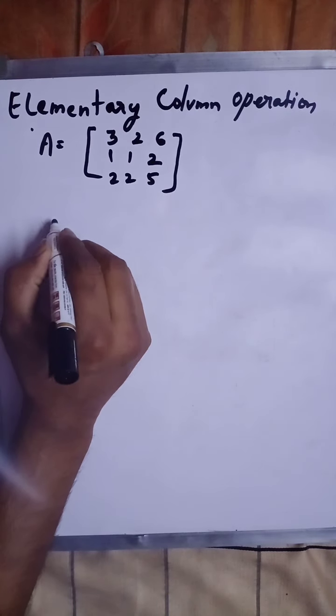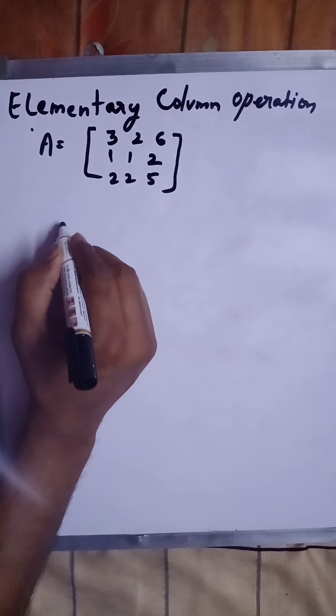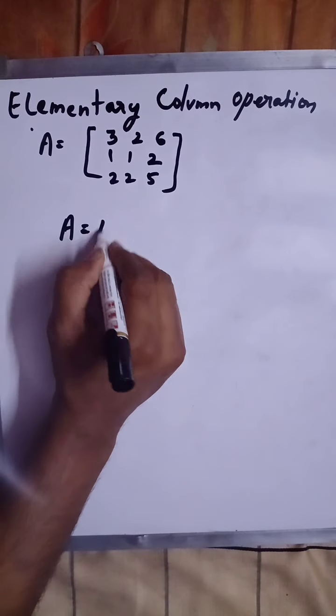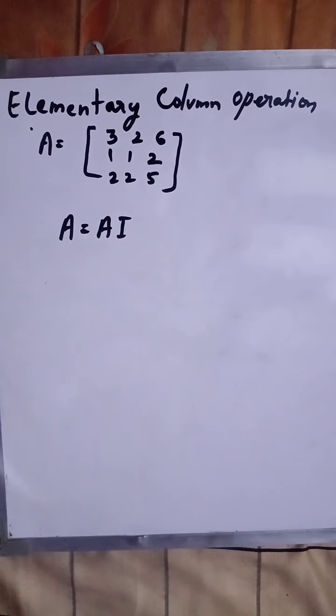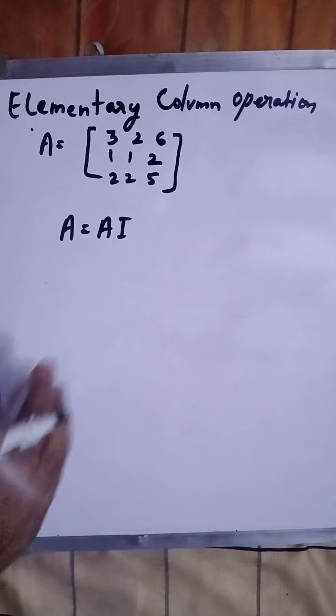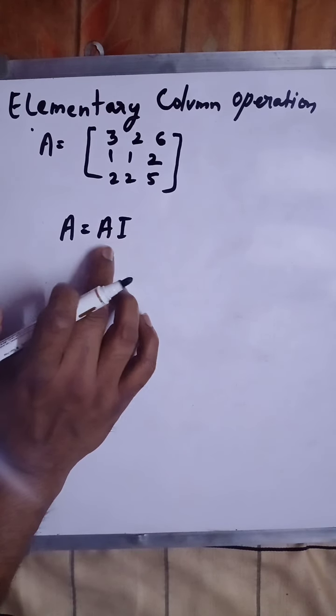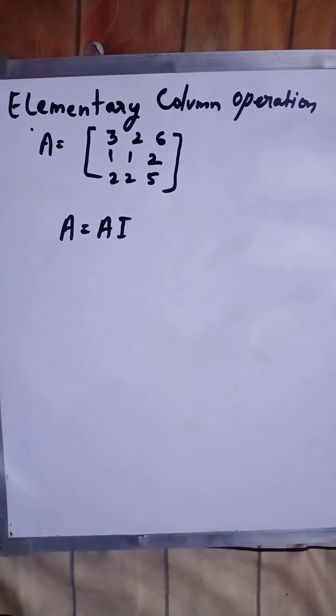As we know, the formula for elementary column operation is A equals AI. This is the formula which we had discussed in our previous video.